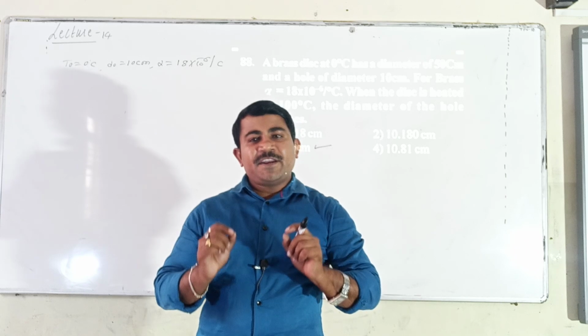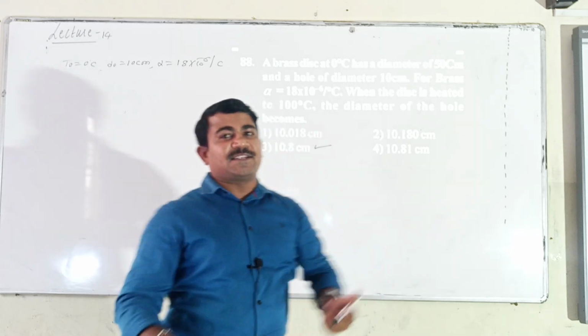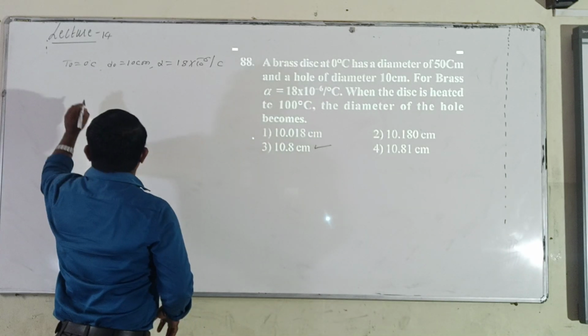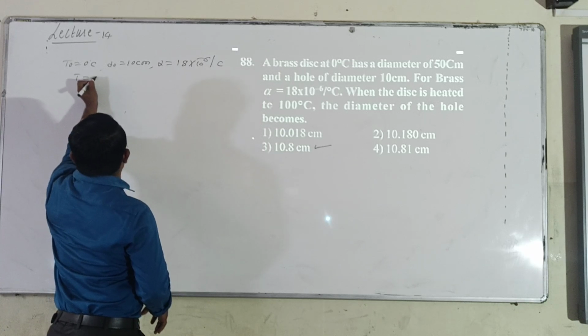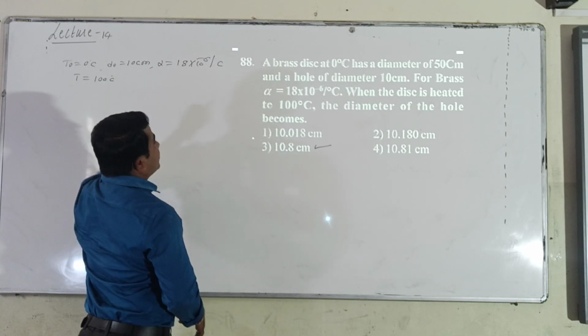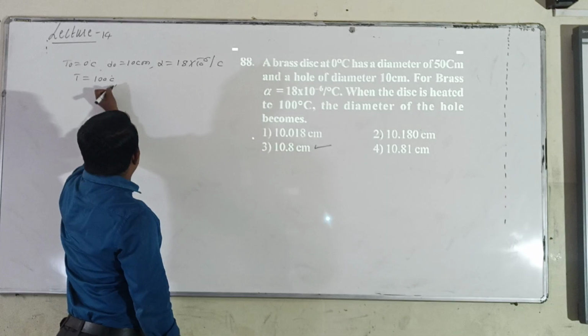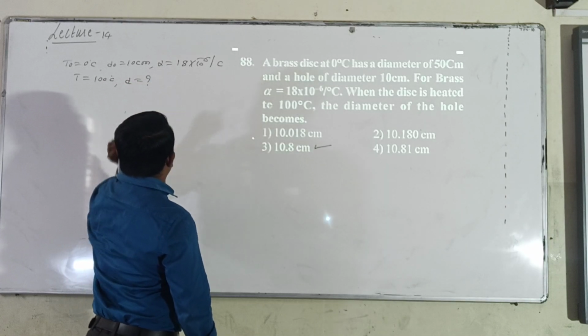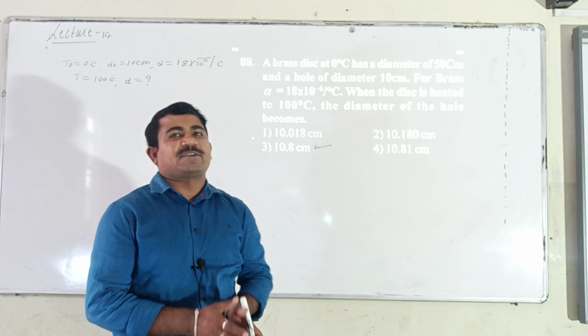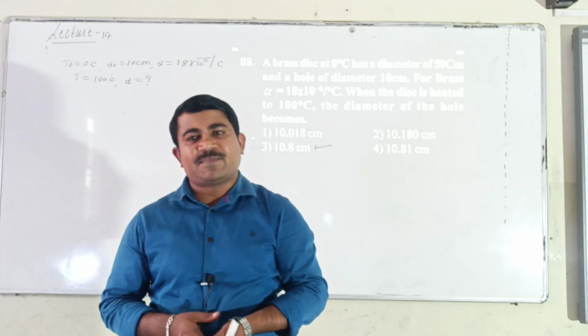Right? When it is heated to 100 degrees Celsius, I mean the final temperature is 100 degrees Celsius, what does the diameter of the hole become? I need the final diameter of the hole.